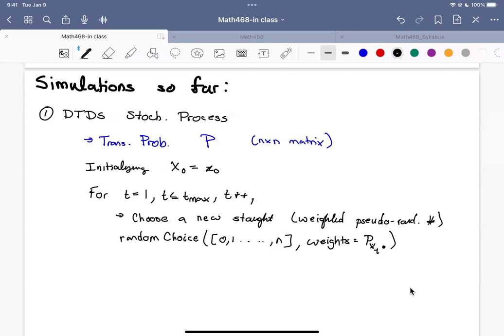So if we're currently at state xt, I want to select that row of the transition probability matrix, because that gives me the probability of going somewhere else from that state.